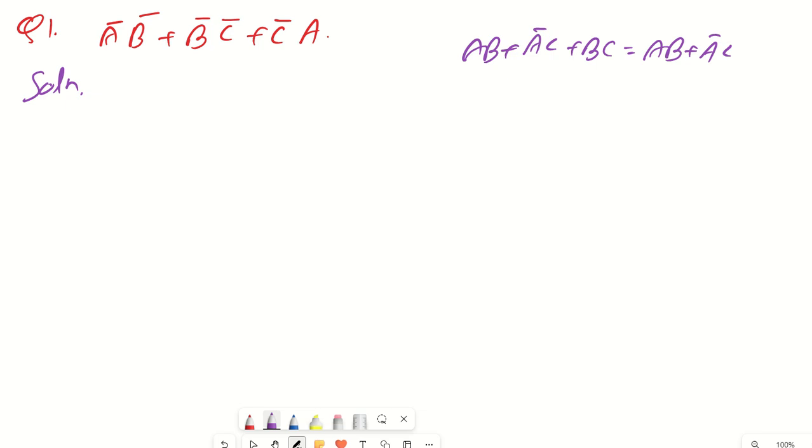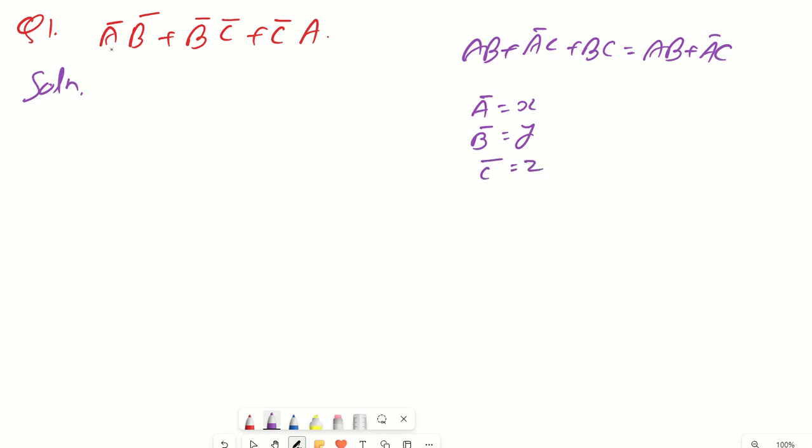So if I replace all the terms by their complements, you can see that B bar C bar can be redundant. Let's say I am considering A bar as X, B bar as Y, and C bar as Z.